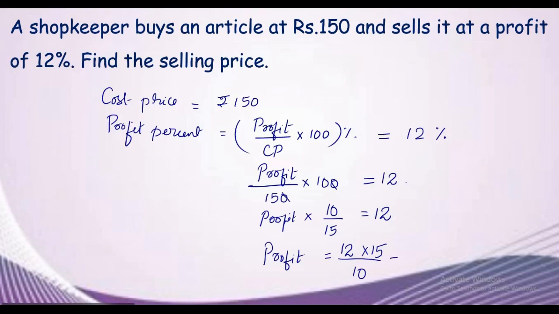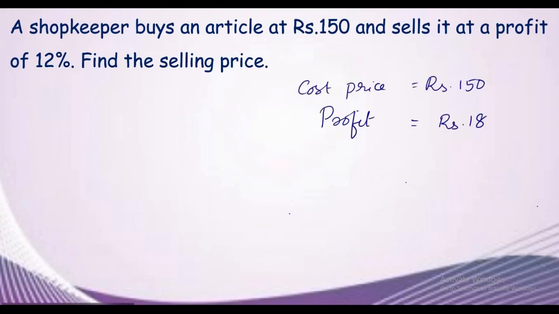By solving this, you will get 18. So how can we conclude? Profit is equal to rupees 18. So we find the profit as rupees 18. We have the cost price rupees 150. To find selling price, we are going to add the cost price and profit together.